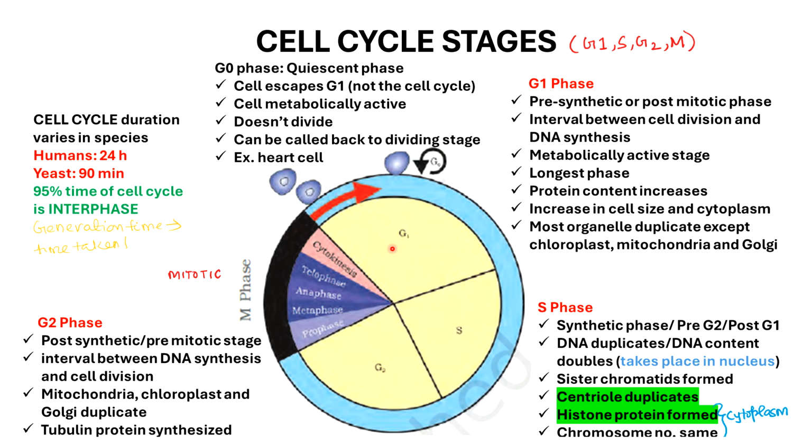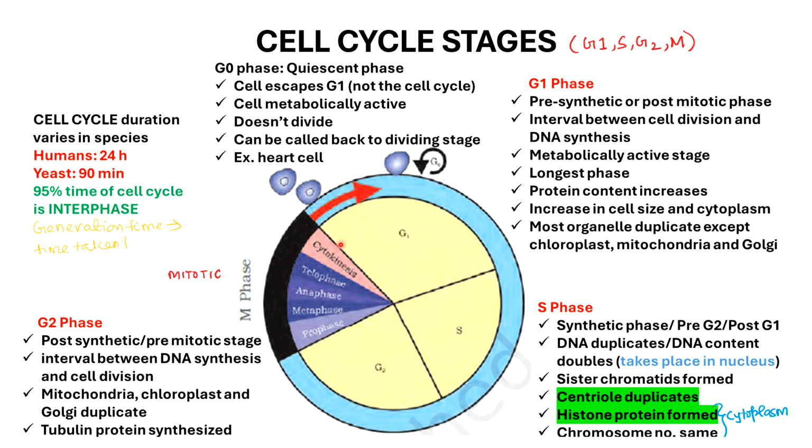Now, the location of this G1 phase is between the M phase, that is the dividing stage, and it comes before the synthetic phase. That's why it is called the pre-synthetic stage. Also, it is called the post-mitotic phase.